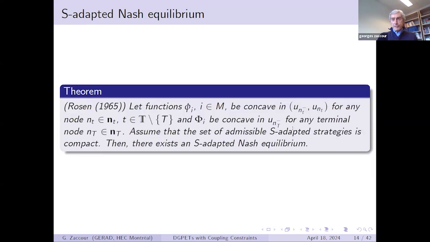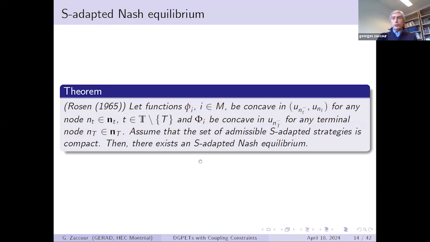Now, in terms of existence, you have several theorems that give you the conditions for existence of a Nash equilibrium. We are using here Rosen's theorem, which says that if the reward functions phi^i for all players are concave in the control u^i(nt) for any node, and the terminal payoff is concave in u^i(n-t) for any terminal node, and if the set of S-adapted strategies is compact, then there exists an S-adapted Nash equilibrium.